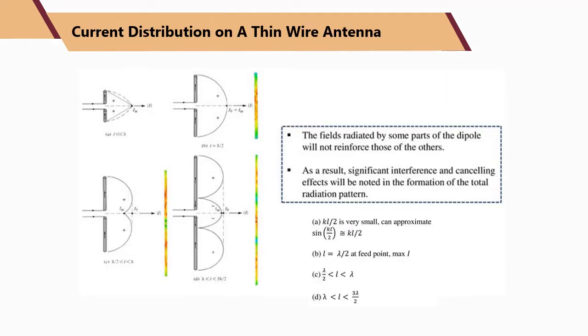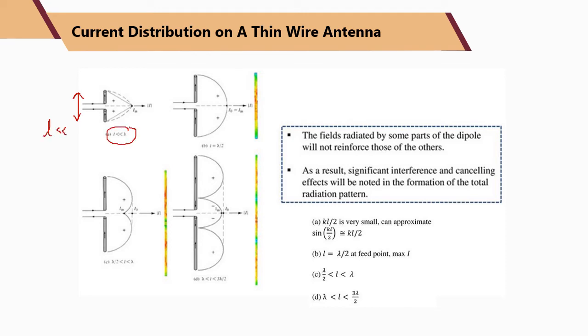This slide basically shows the difference between the current distribution when you have different lengths of antenna. As shown in the previous slide, you have maximum radiation when the length of the dipole antenna is equal to lambda over 2. So what happens when you have different lengths of the dipole? For example, the first one is a small dipole in which L is much less than lambda.